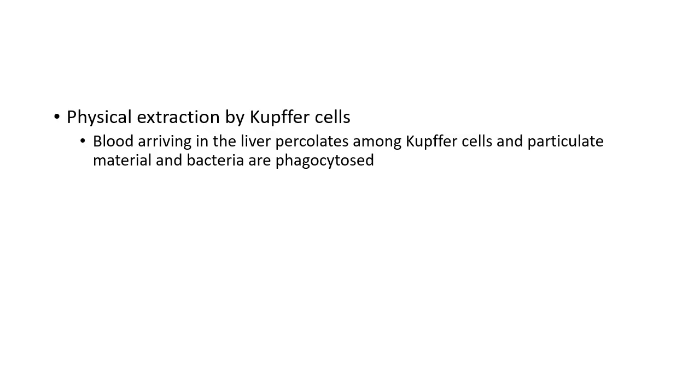So first would be physical extraction by Kupffer cells. These Kupffer cells are specialized macrophages inside the liver. And if you will recall your histology, these Kupffer cells have been in the liver since the development of the liver.